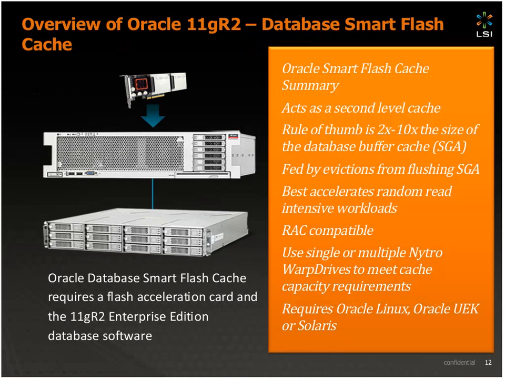A rule of thumb is that the flash cache is 2 to 10 times the size of the database buffer cache. The data gets put onto flash, fed by evictions from the buffer cache. It accelerates random read intensive workloads.